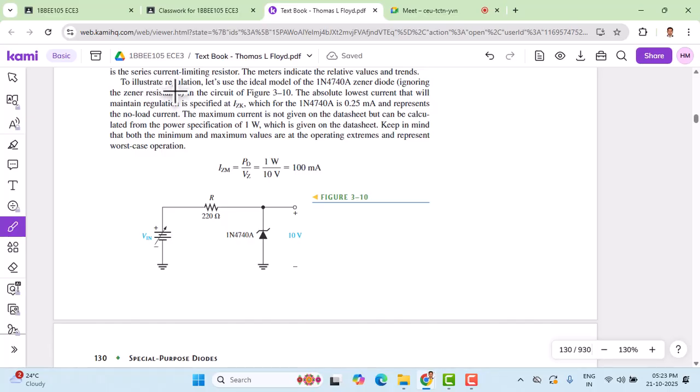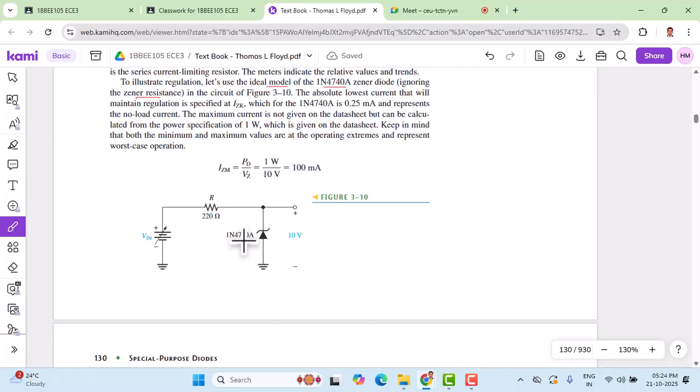To illustrate regulation operation, let's use the ideal model of the 1N4740A. This is going to be the Zener diode. Since it is an ideal model, we can ignore the Zener resistance, and the model is given as shown in the figure.